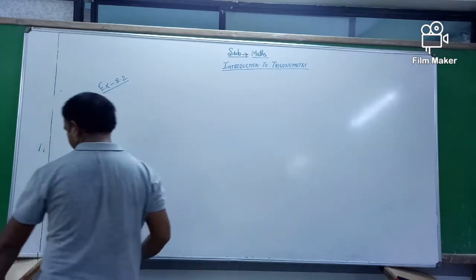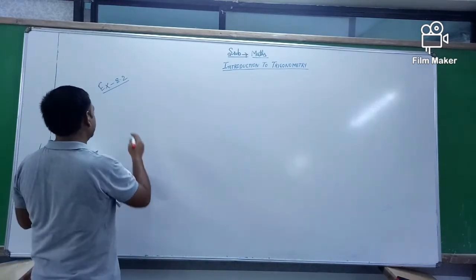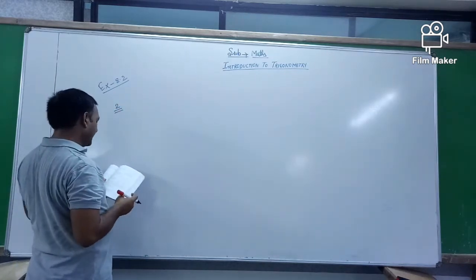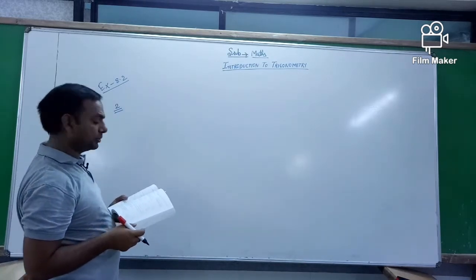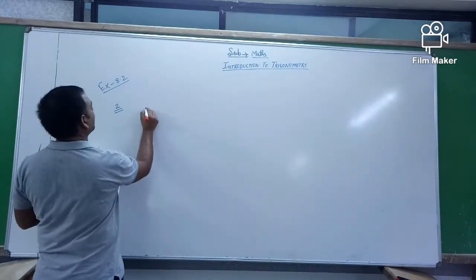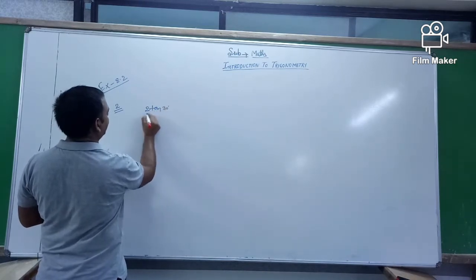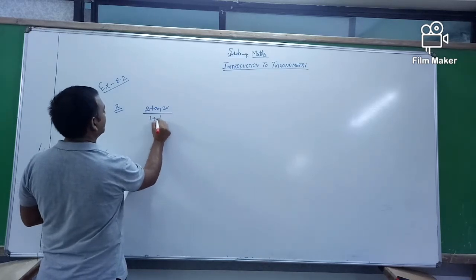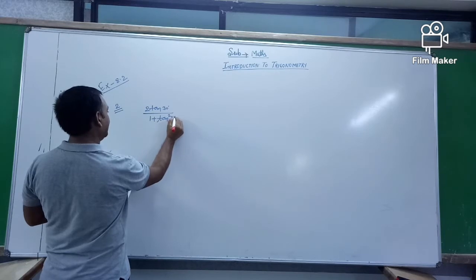Question number 2. In question number 2, choose the correct option and justify your choice. Here you choose. First is 2 tan 30 degree divide by 1 plus tan square 30 degree.